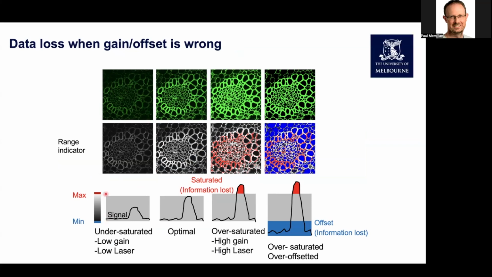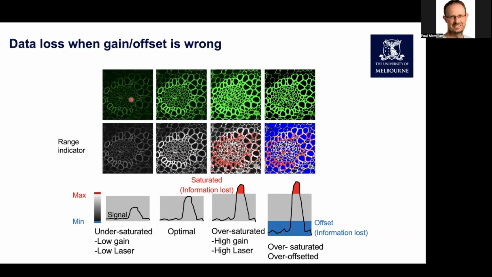So here, we've got some confocal microscope images that we've taken. This is with what we call the green lookup table. Underneath this, we've got a range indicator. What the range indicator does is show 0 intensity pixels as blue. It then goes from black to white through grayscale, and finally shows saturated pixels in red.